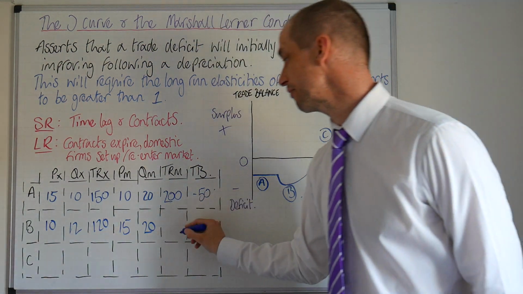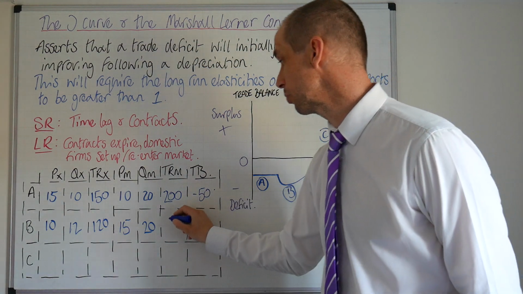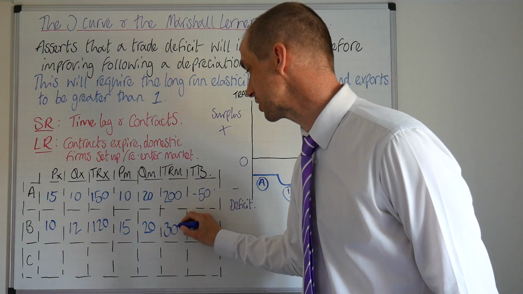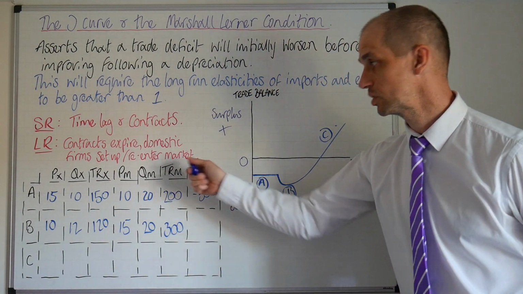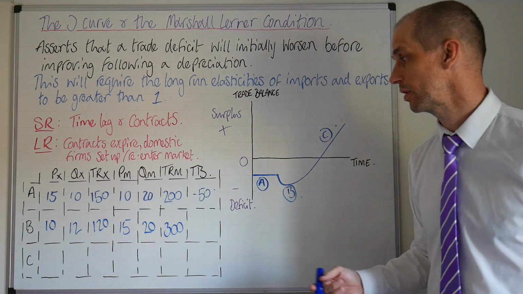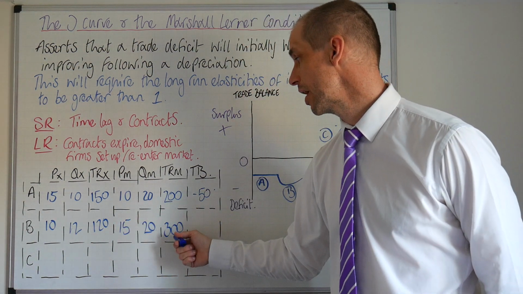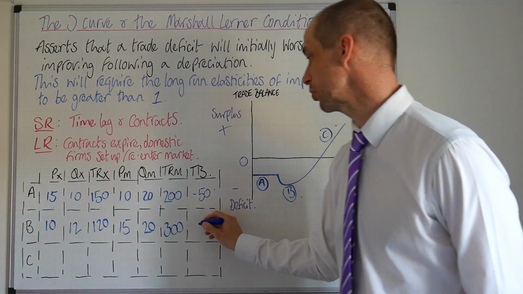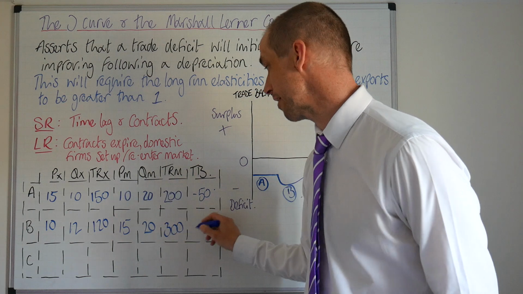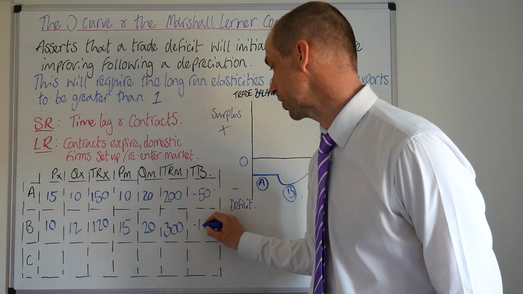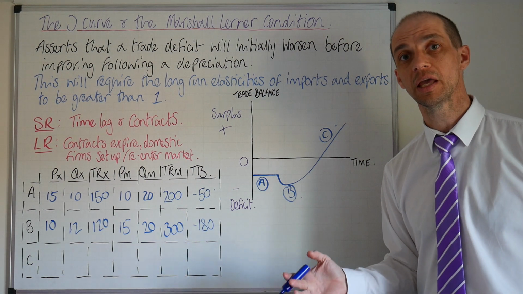So based upon this level of output, we are going to be paying out 300 in terms of the total revenue generated by those imports. So now we've got 120 to 300, and we have a trade deficit of minus 180. So it's worsened quite considerably here.